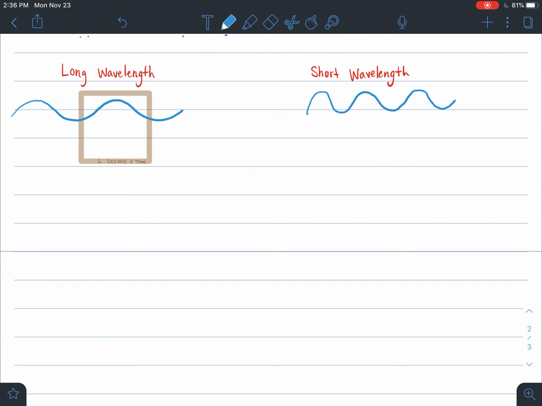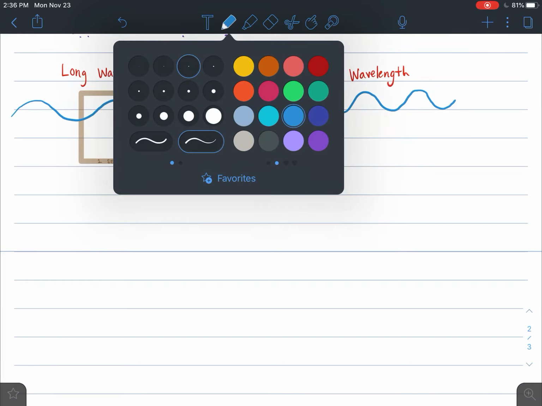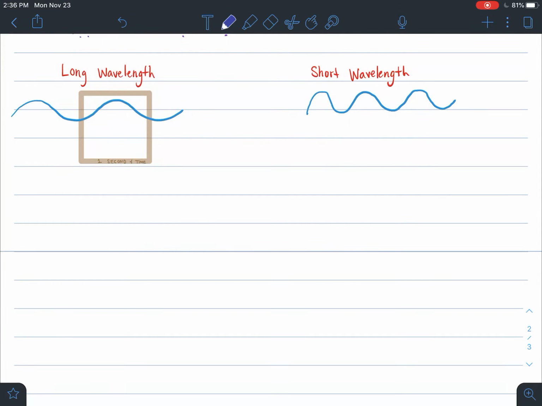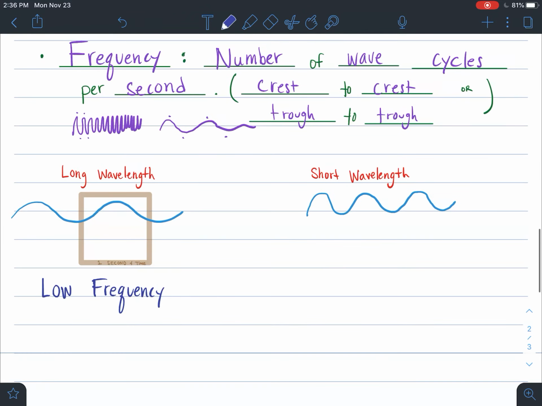So we would say that not many waves happen in 1 second. Therefore it would be a low frequency, because remember, frequency is the number of wave cycles per second, and there's not a lot of them per second.